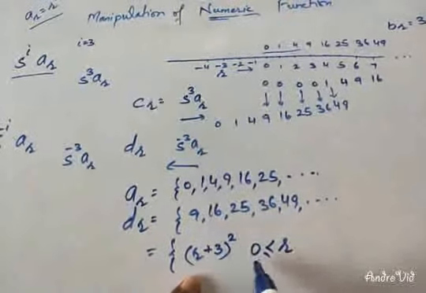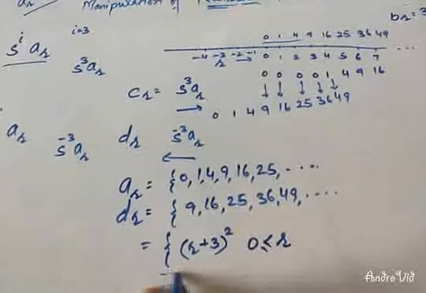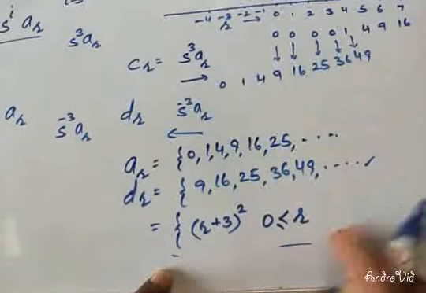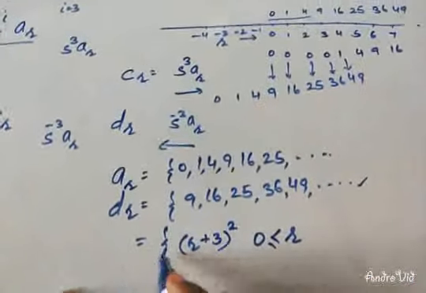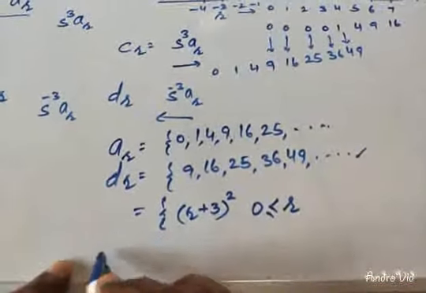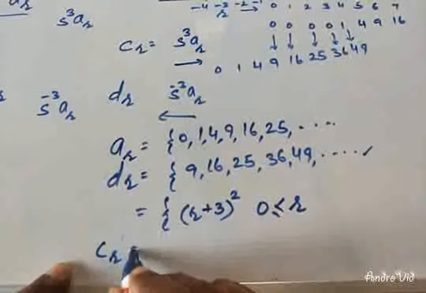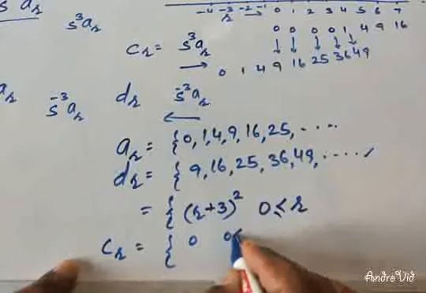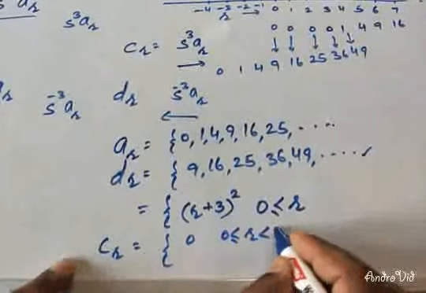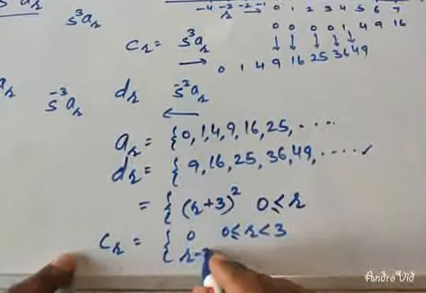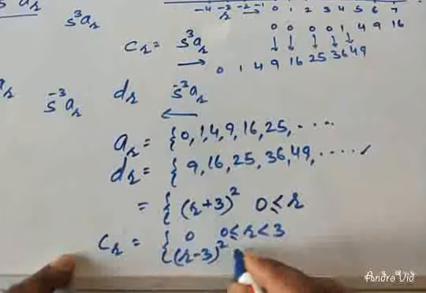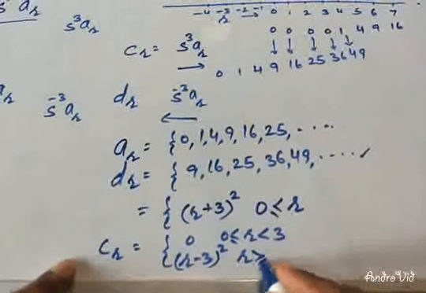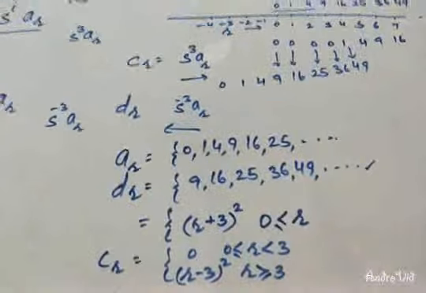So we can say that original values of this particular function are same as this one. So we have clearly find out that CR was nothing but 0 for 3 values, and then R minus 3 square for values greater than equal to 3.